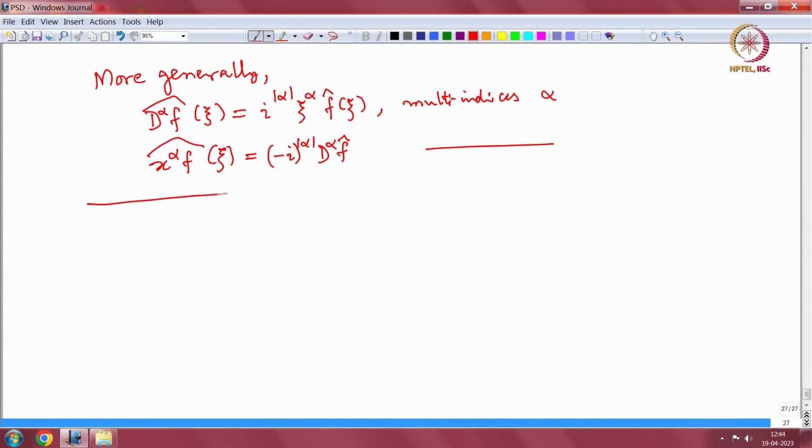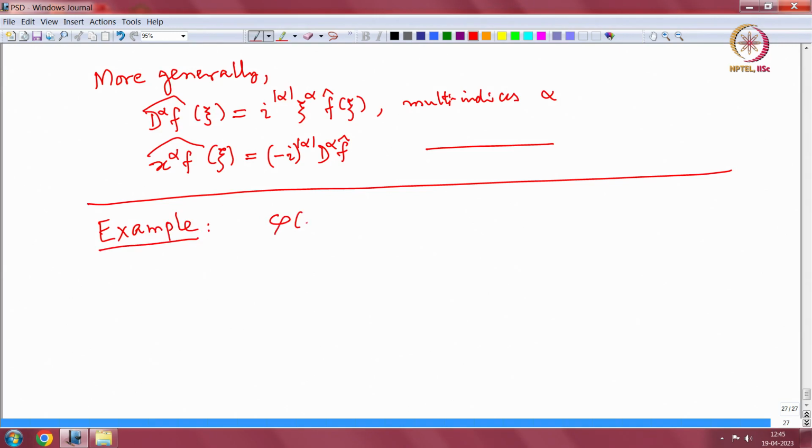One important function I just mentioned, which you should work out as an example, I am going to use repeatedly. This is phi of x equals e to the minus mod x square by 2.